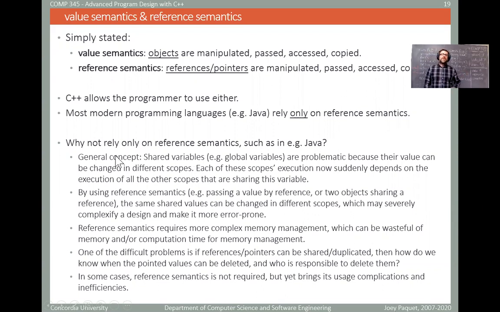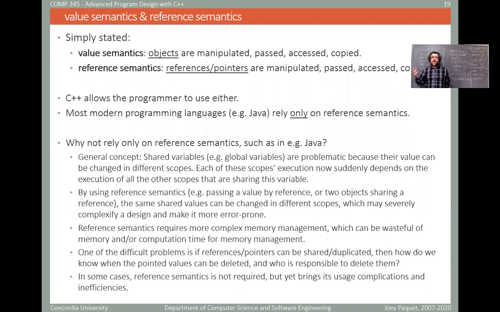As a general concept, the idea of reference semantics is that let's say you would create an object, and then you would have a reference that refers to this object in memory. You can potentially have several references or pointers that are all pointing to the same object. Now, this is somehow similar to the notion of a global variable.